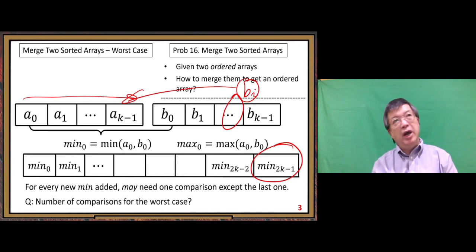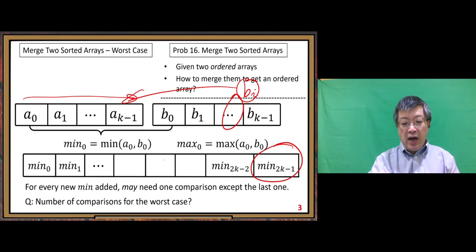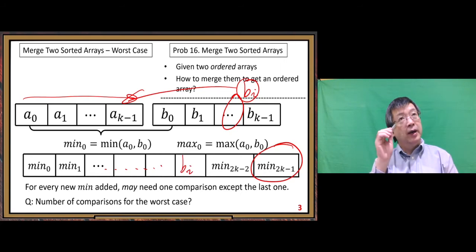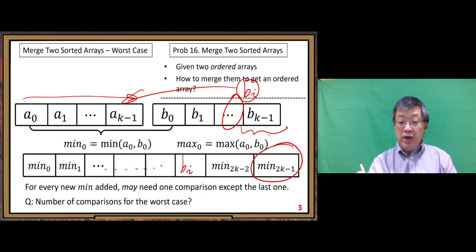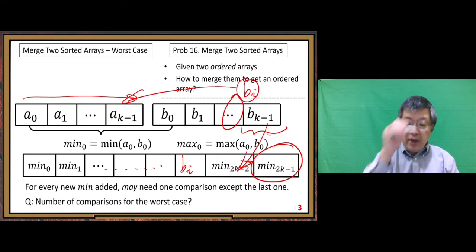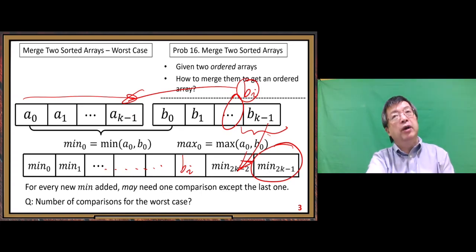So all of the A array is put in place first, and then Bi. After that, for the B elements after Bi, we don't need to do comparisons. We can put them directly back in the result array.